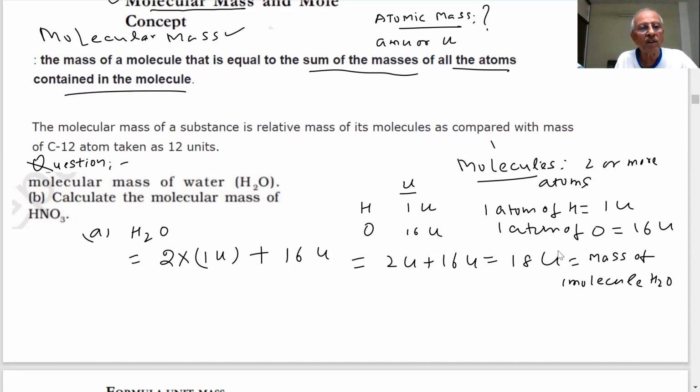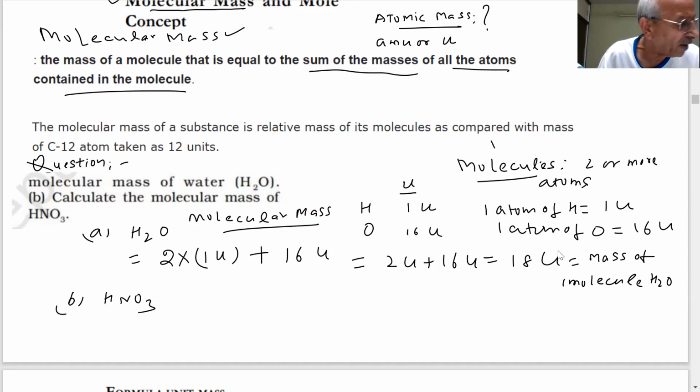Next question he says, calculate the molecular mass of HNO3. What we are calculating, student, molecular masses. Calculate the molecular mass of HNO3. You have 1 to 2 minutes to answer the question. Find the molecular mass of HNO3, students.